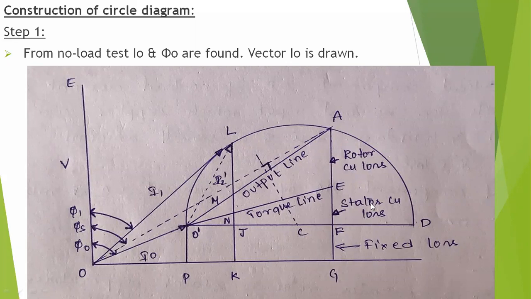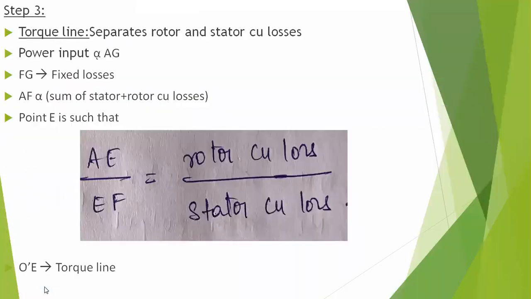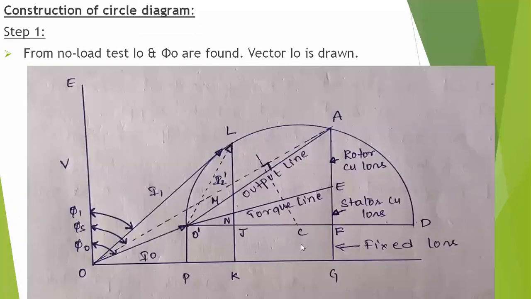So the point E is such that AE by EF is equal to rotor copper loss by stator copper loss.